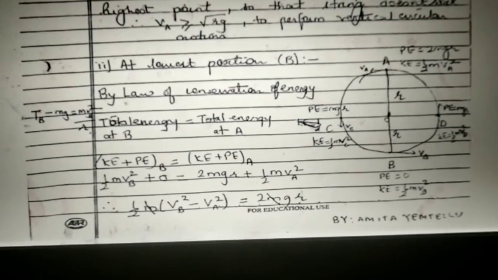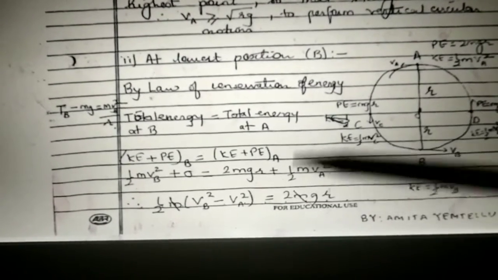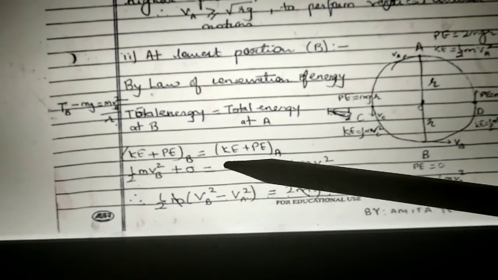So you will write the total energy formula: KE plus P at B equals KE plus P at A. Substitute the values. KE at B is half m vb square, P is 0, which equals 2 mgr plus half m va square.